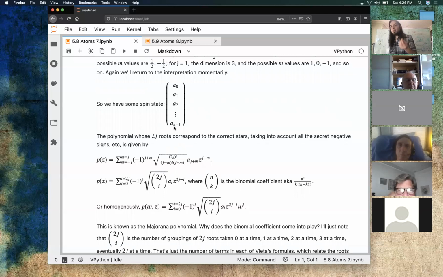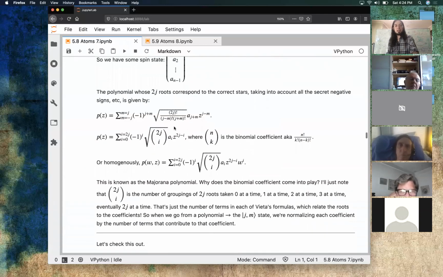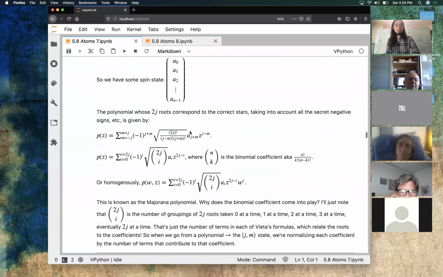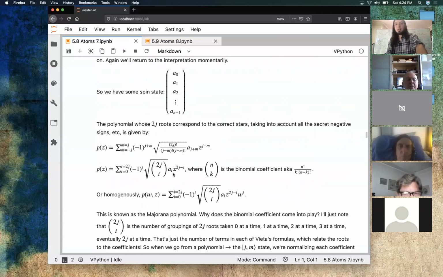If you want the polynomial whose 2j roots correspond to the correct points, taking into account the negative signs, you use this expression, and this is the famous Majorana polynomial. In other words, you take the components of this vector and they end up weighting powers of z.